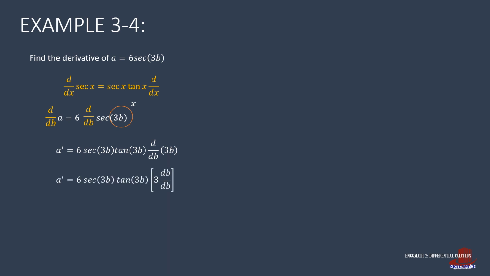This can be simplified as 3 times db all over db, which is taken as 1. So we end up with 3 times 6 of secant 3b times tangent 3b, which results as 18 secant 3b times tangent of 3b.